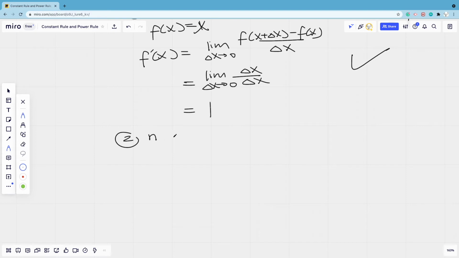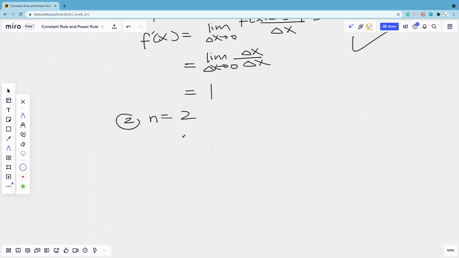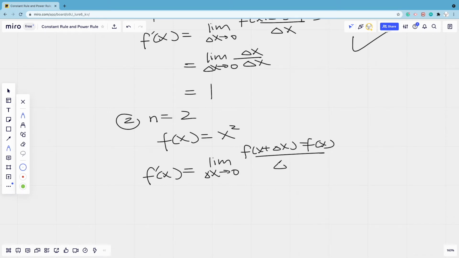Now let's try some harder examples. Let's say n equals 2. So f(x) will equal x squared. The derivative of f(x), by the definition, will be the limit as delta x goes to 0 of f(x plus delta x) minus f(x) over delta x. We can actually expand this: (x plus delta x) squared minus x squared over delta x.